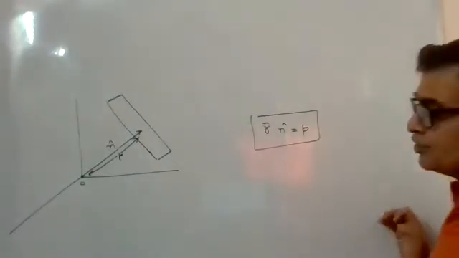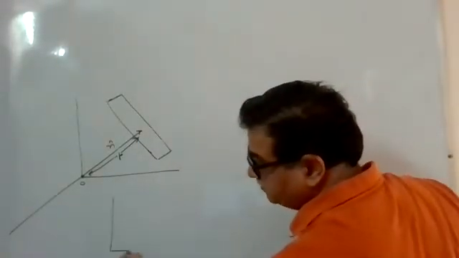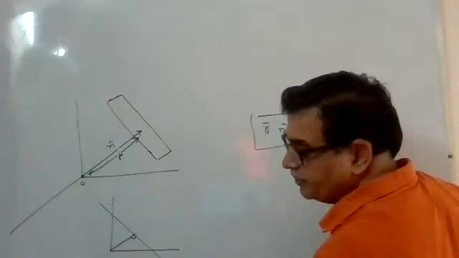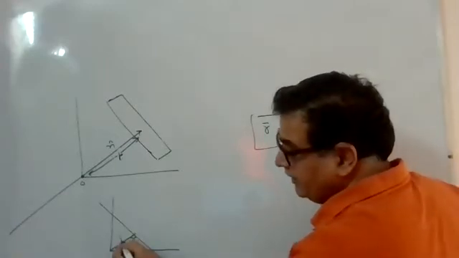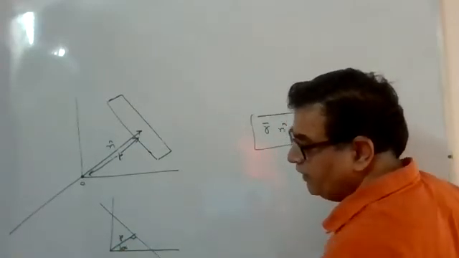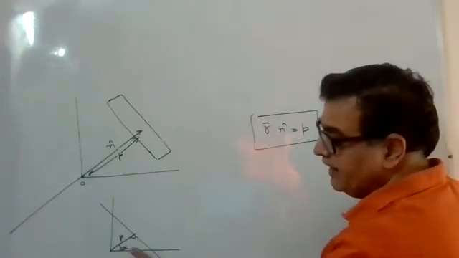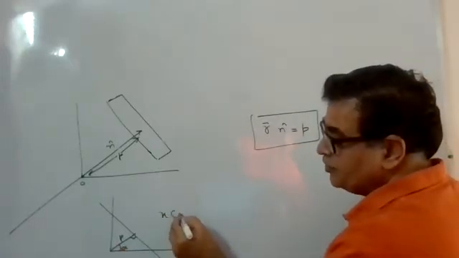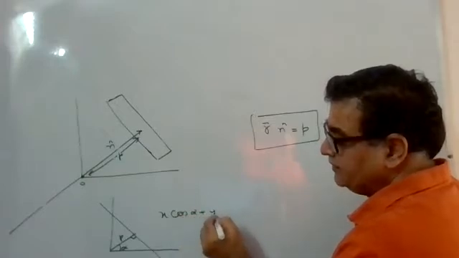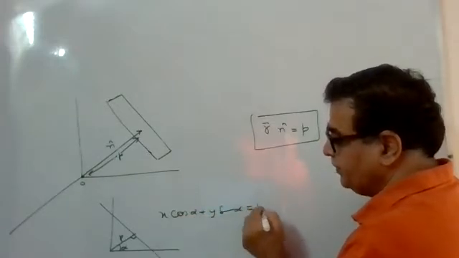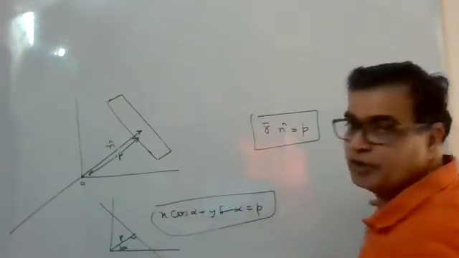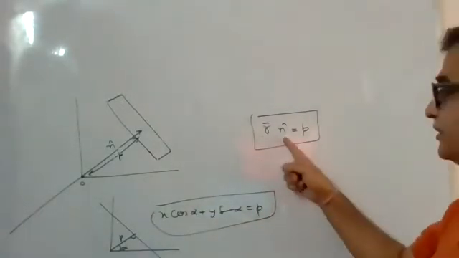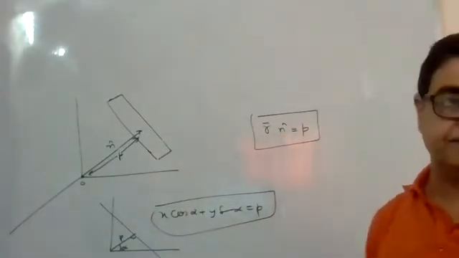If you remember, in the straight line you did similar work. This was the straight line, and we drew a perpendicular from the origin onto it. The length was p and this was alpha. Alpha is the angle this normal makes with the positive x-axis. And if you remember, the equation was x cos alpha plus y sin alpha is p. This was the normal form for the line. Here we want the normal form and that normal form is r dot n cap is p.